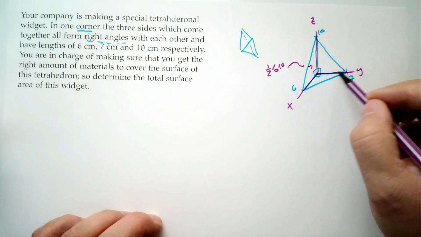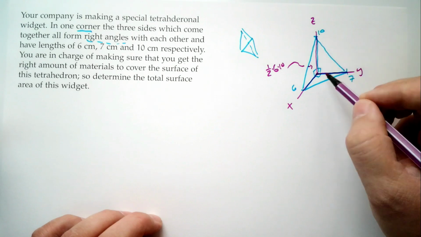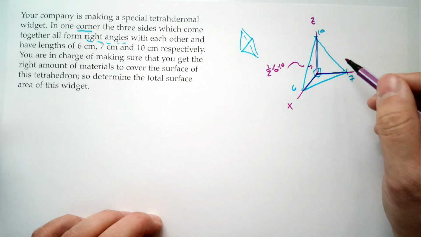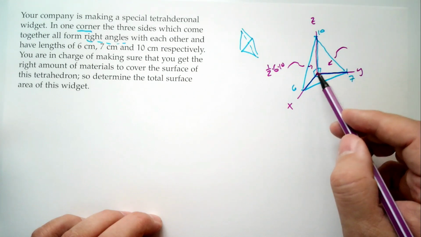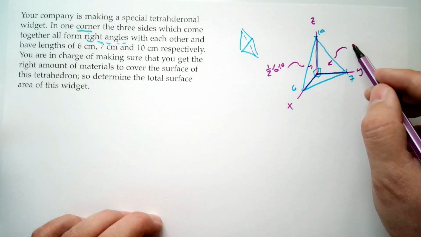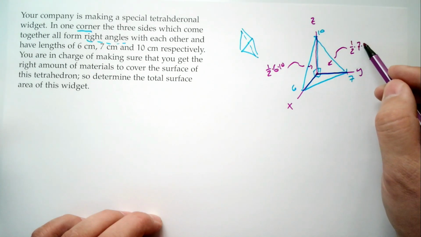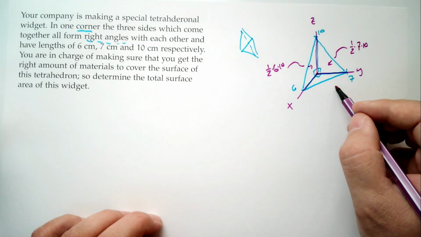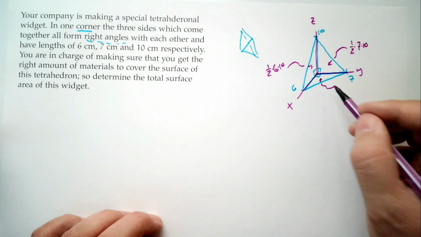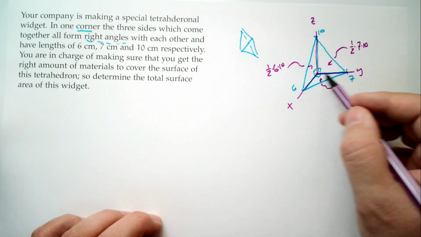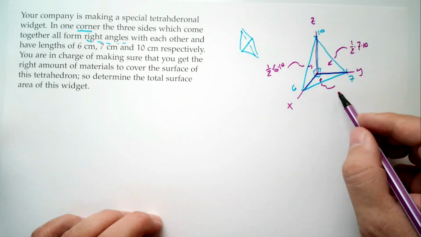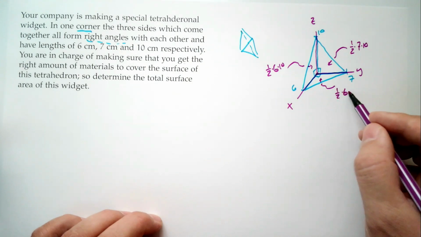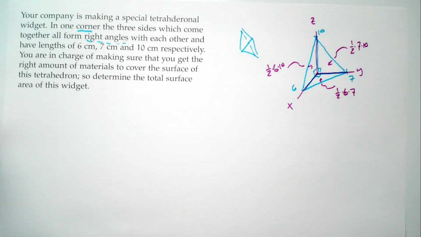On this side next to it, in the YZ plane, similar process: base would be 7, height would be 10, so 1/2 times 7 times 10. And on the bottom, again a nice right triangle: base 6, height 7, so 1/2 times 6 times 7. Those three are pretty straightforward, no surprises.